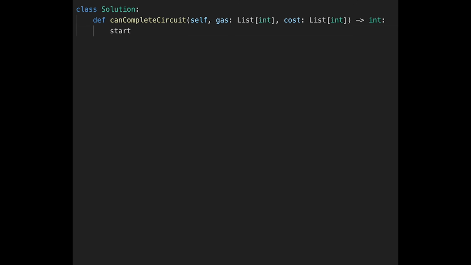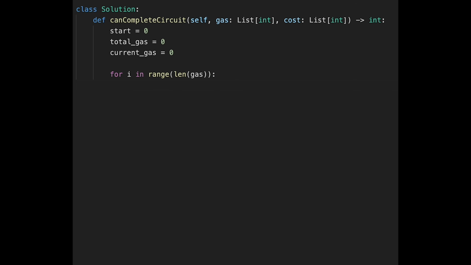So start equals 0, total gas is 0, and current gas equals 0. And then let's iterate through one by one from index 0. So for i in range the length of gas.